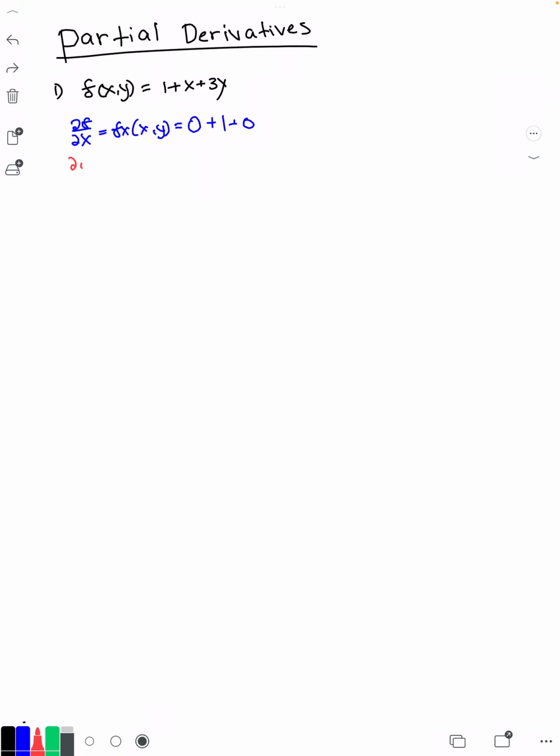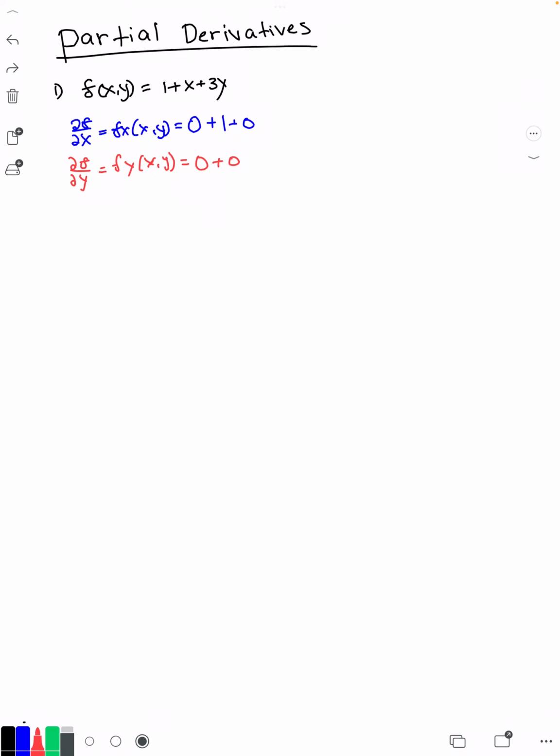Now let's derive based on y. So 1 is 0. So x, since we're deriving based on y, x is just 1 or 10 or 20. It's just a number. So it's going to become 0.